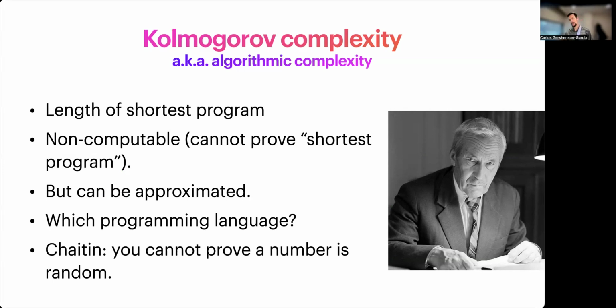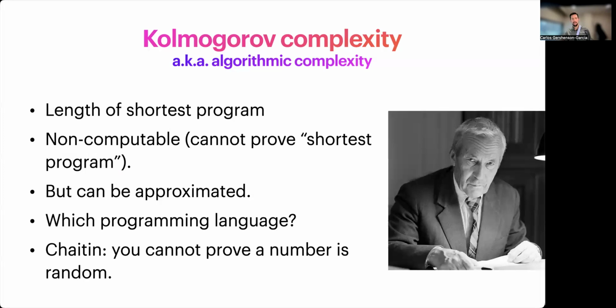So that program actually compresses that string. And of course, it depends on the programming language, but usually the Kolmogorov complexity is similar across different languages. A problem is that you cannot compute this complexity because you cannot prove that you have the shortest program. Still, you can approximate it.